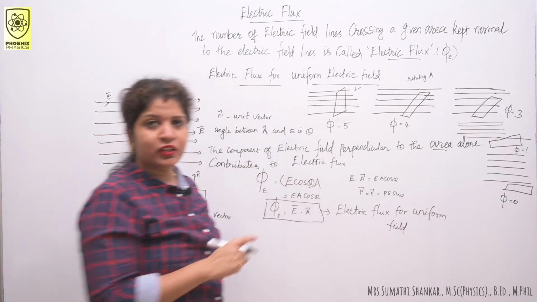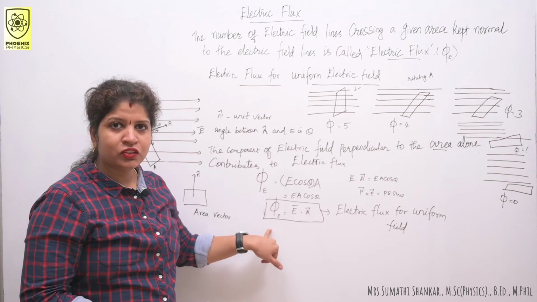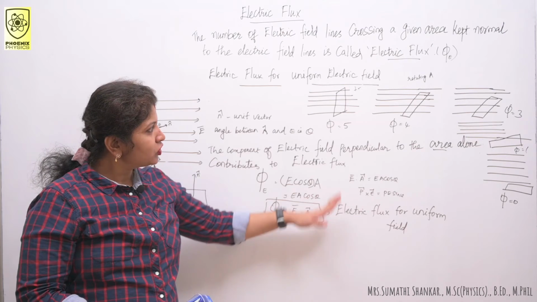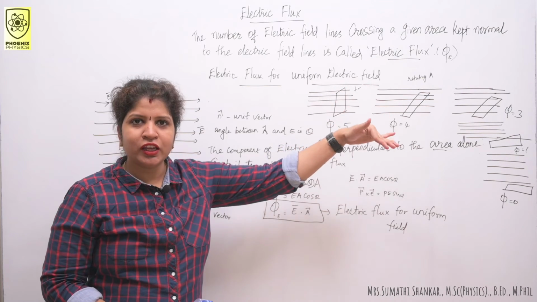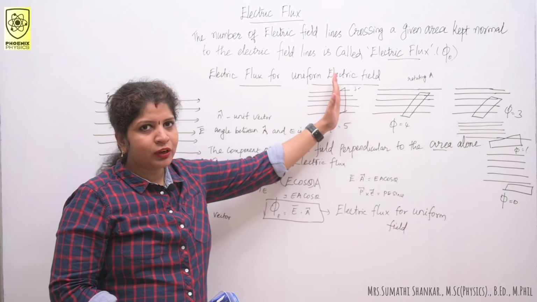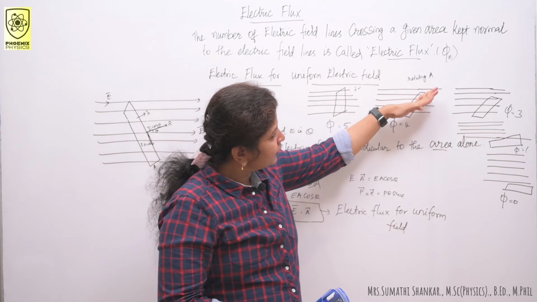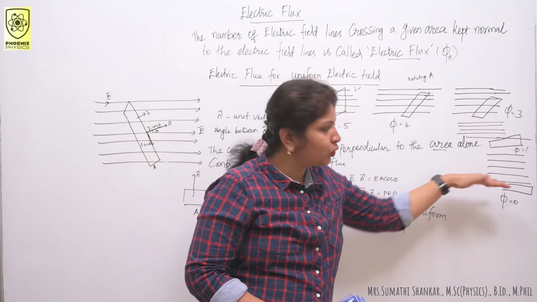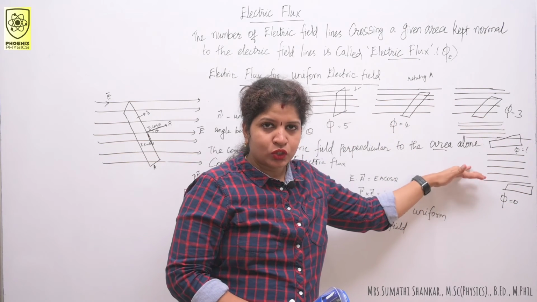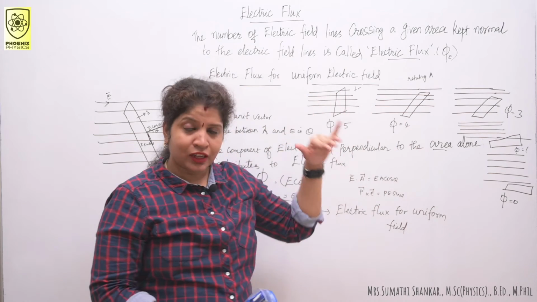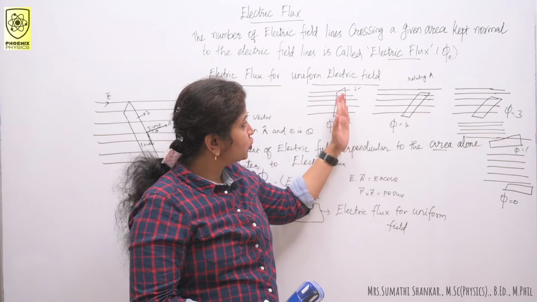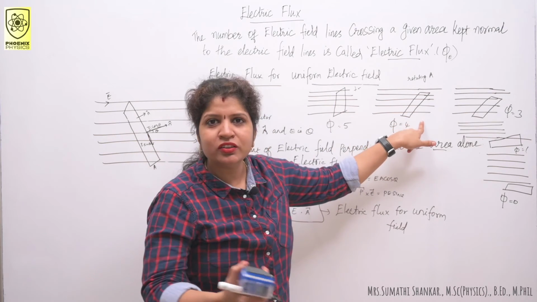That is why I said this flux depends on the A vector, because the direction of A is changing. Here it is perpendicular, here tilted at some other angle, and finally it is parallel to the electric field lines. So A has direction, and I am rotating the direction based on the position of A. What is this A?